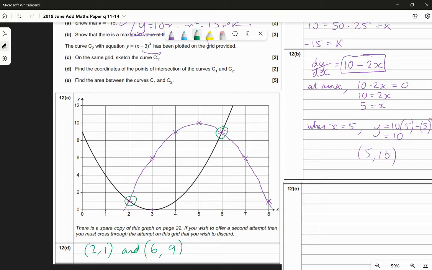Part E, find the area between the curves. Now, this is the nice part of this question. This is where it gets fun. Here we want to find the area between these two curves. If you've done your integration, your calculus, then you know that the area between the x-axis and a curve is given by definite integration.